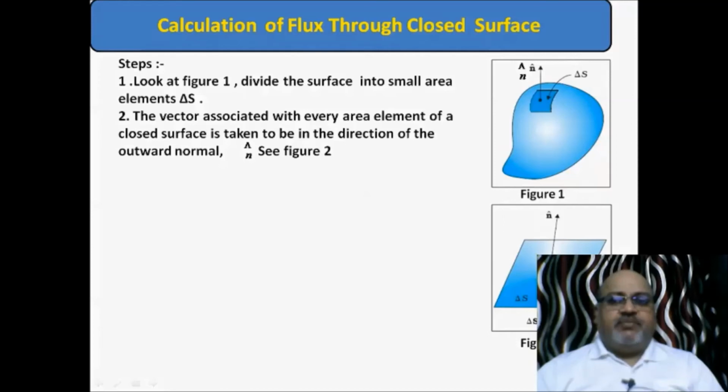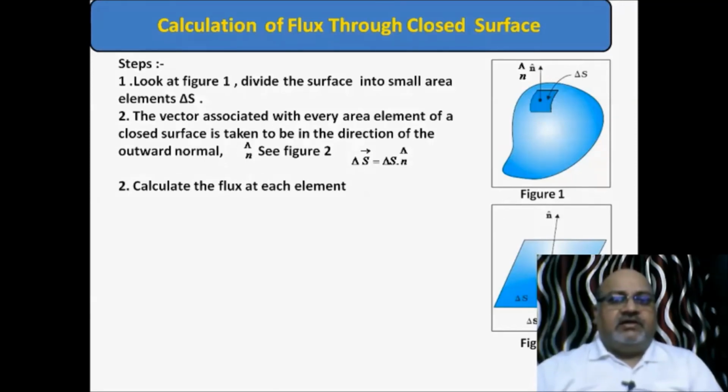This is n cap multiplied by delta S. So what is the area vector delta S? This is delta S multiplied by the unit vector n cap along the normal outward.